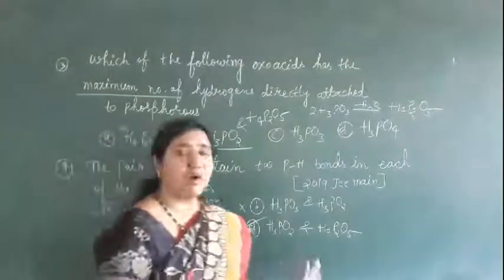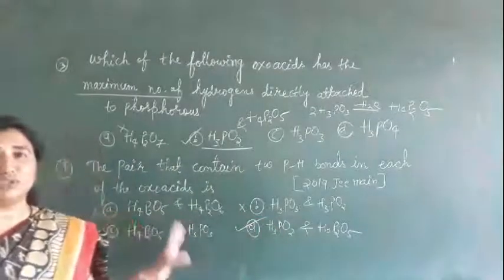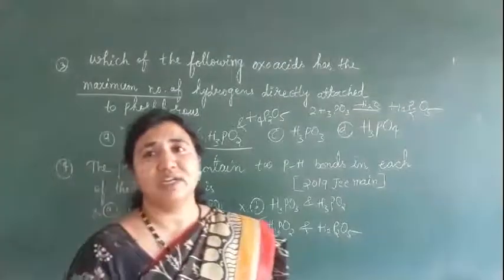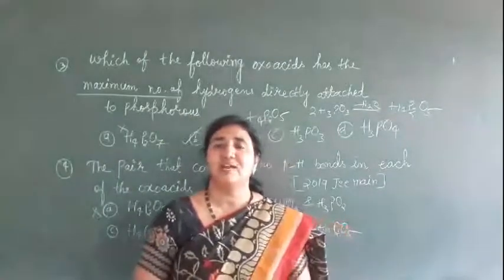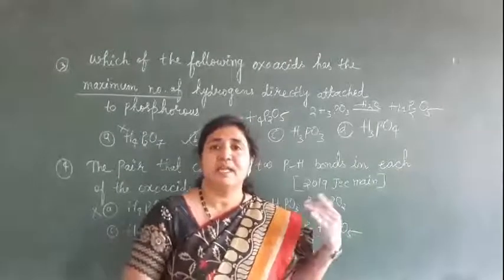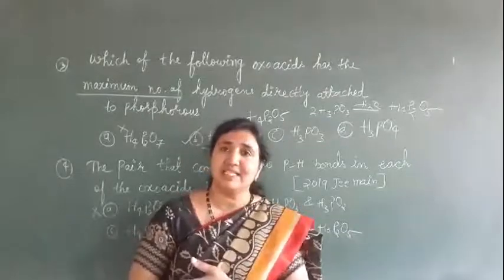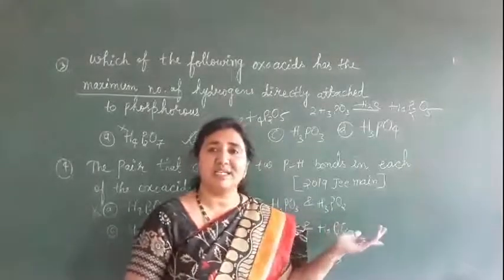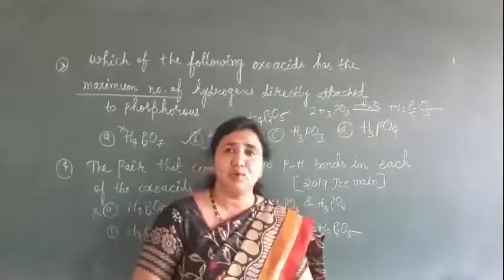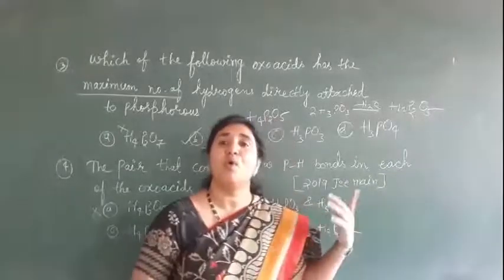So this is all about the oxo acids of phosphorus and how they can ask questions. I have given them here, so practice well. It is easy. We have phosphorous acid, then hypophosphorous acid, and then pyrophosphorous acid. Hypophosphorous acid is H3PO2, with 1 oxygen less, and pyro means H4P2O5.